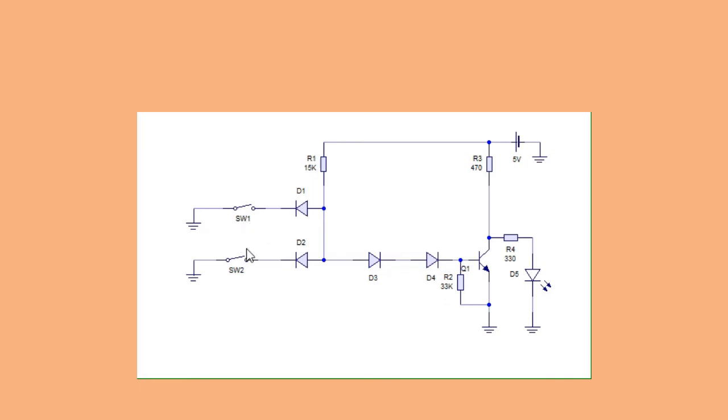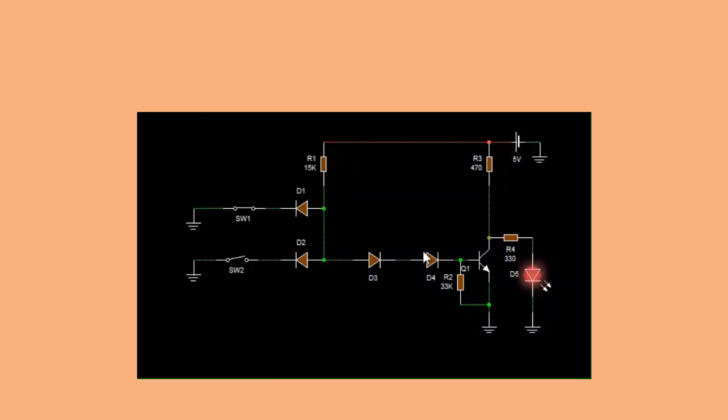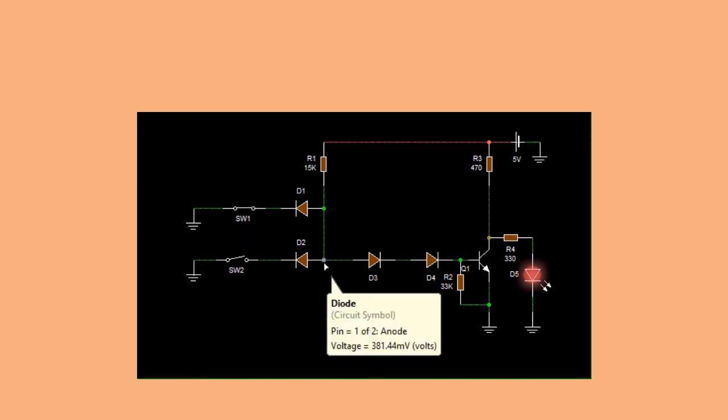Now the function of this circuit: if both inputs are in low state, or if at least one input is 0, the corresponding diode D1 or D2 will be in conducting state. So this is the current flow direction, and the voltage at this point becomes 0.6 volt.